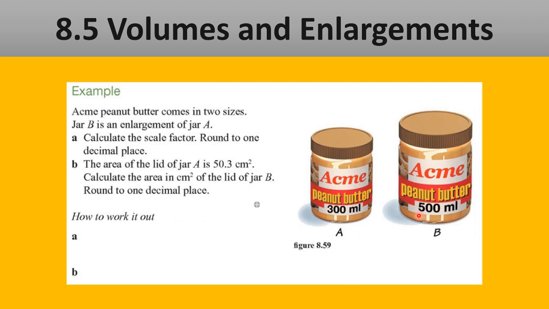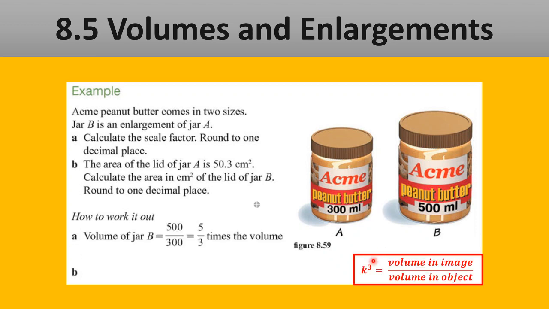So what's going to be the scale factor k? Well, I cannot calculate k in one go, but I can calculate k to the third power, because that is the volume of the image divided by the volume of the object, which is 500 divided by 300. That gives me 5 over 3.